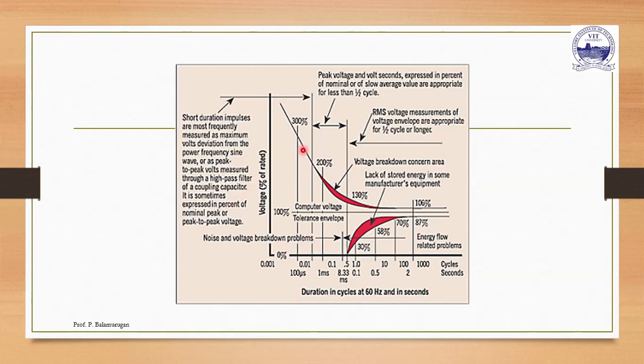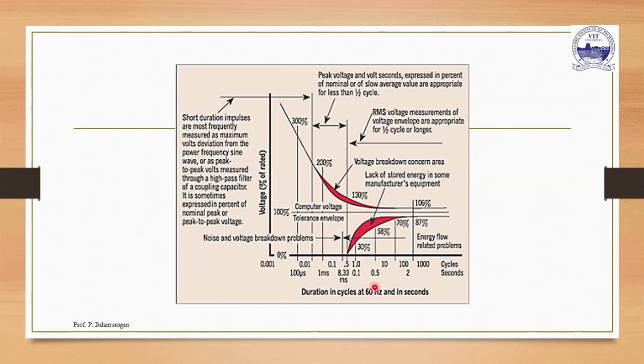This means that a system can withstand a voltage of about 300% for the duration of 0.01 cycles, which corresponds to 100 microseconds on a time scale. Similarly, a system can withstand 200% of the applied voltage for a duration of less than 0.1 cycle, which corresponds to less than 1 millisecond.